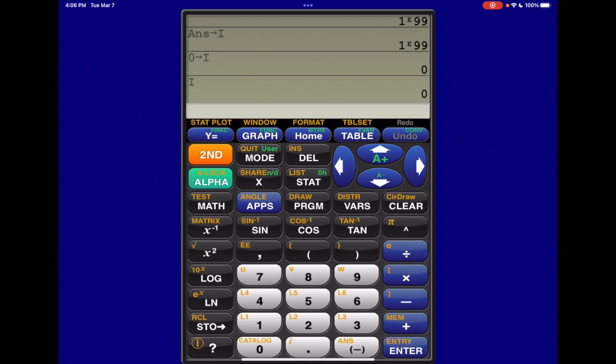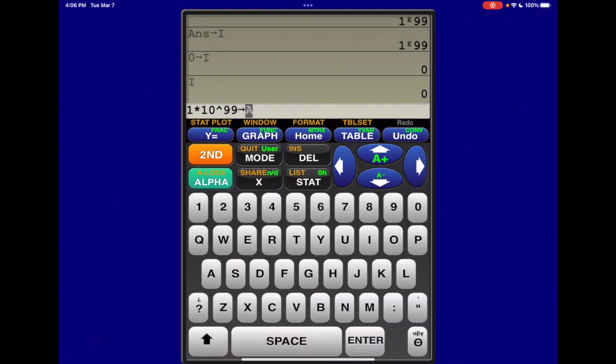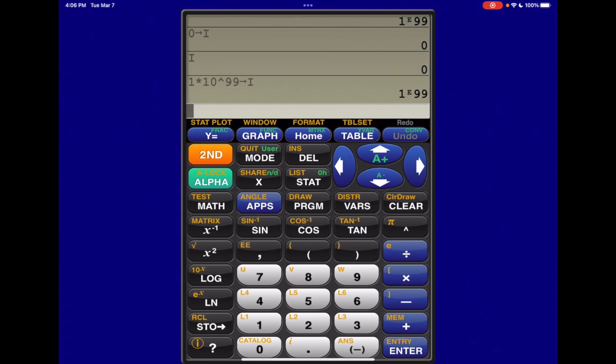I get a 0. To fix it, 1 times 10 raised to the 99, and I can just directly store that into alpha I and press enter. Now I'll have more of an infinity there. So this idea of using I for infinity only works if you've stored it, and this is the method for getting that store done.